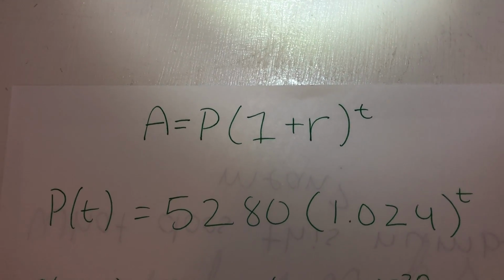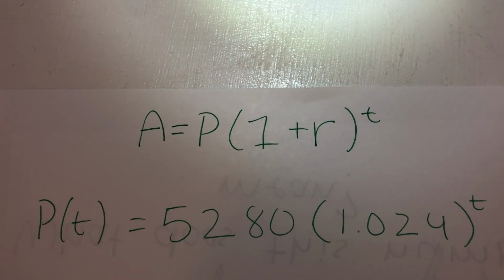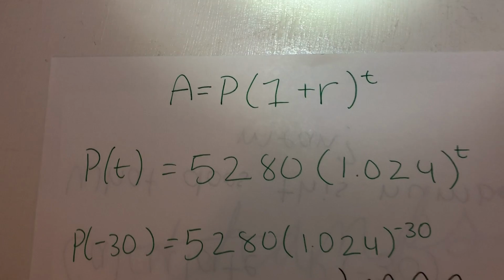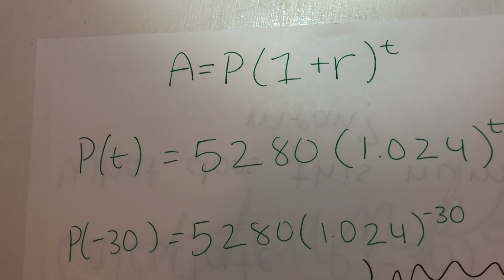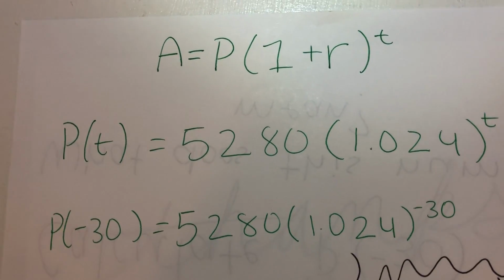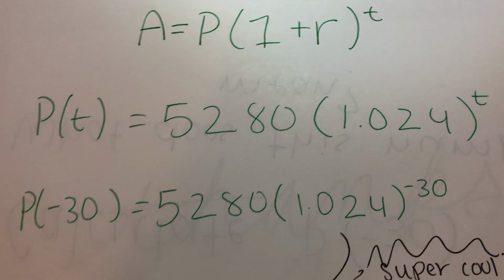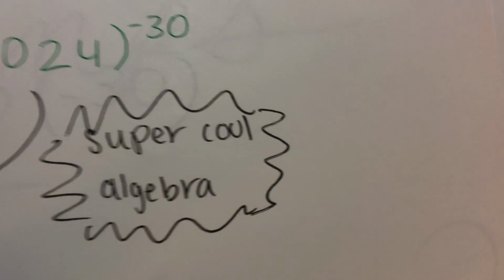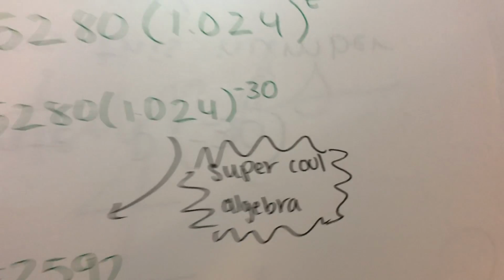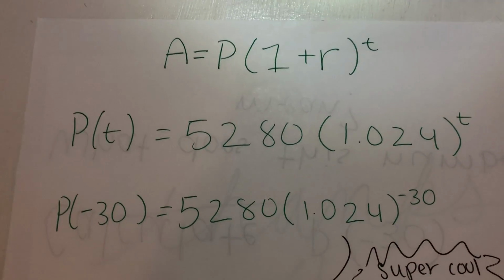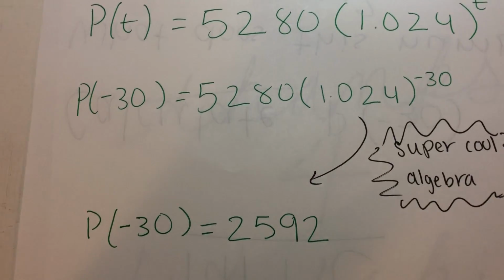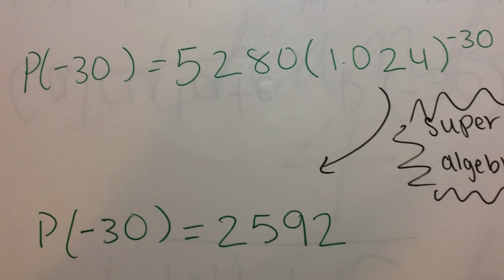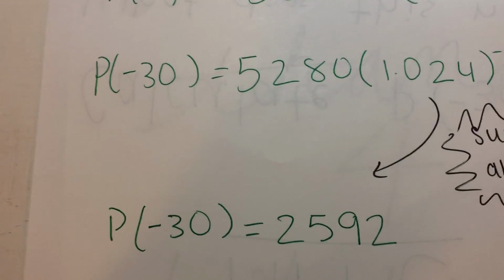This is the equation that we're given. We plug in negative 30 for T, and we're trying to figure out what it's going to turn out to be. After some super cool algebra, we get that P of negative 30 equals 2,592.